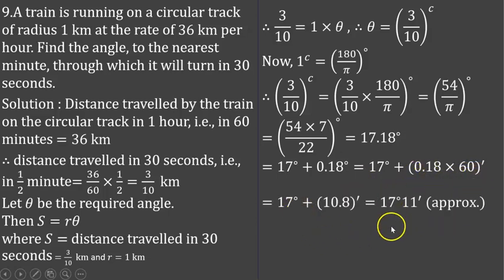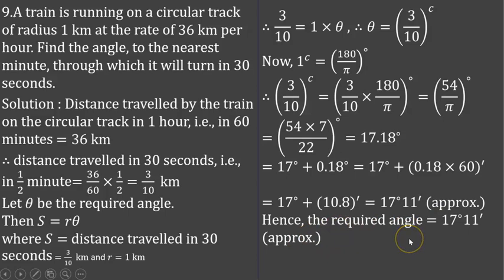After multiplication you will get 17 degrees plus 10.8 minutes, and that is nothing but 17 degrees and 11 minutes approximately. Hence the required angle is equal to 17 degrees and 11 minutes approximately.